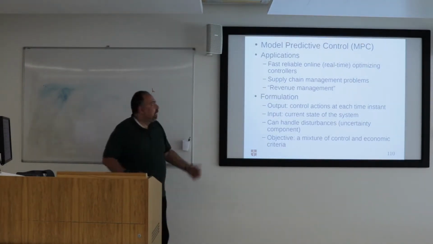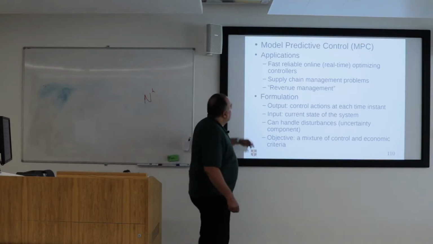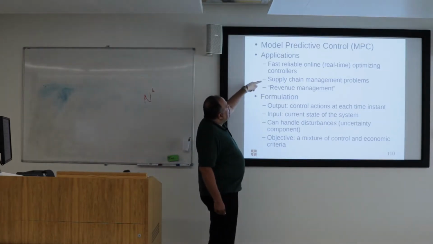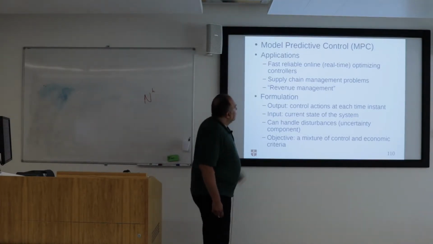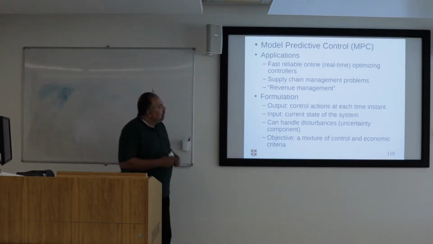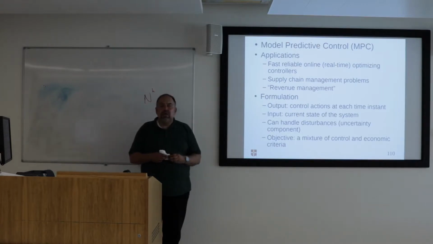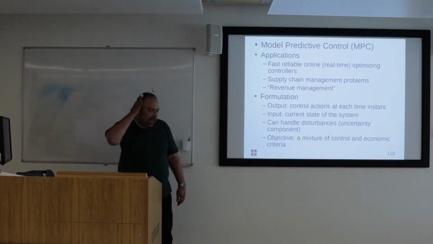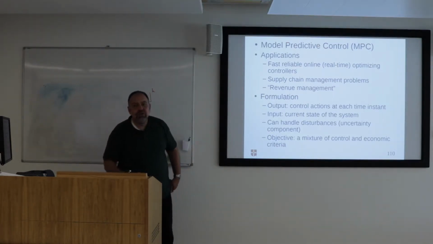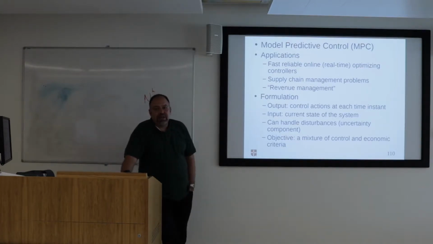So that's why I said you have an optimizing controller. It can be applied also in supply chain management problems and in revenue management. Like, I think an application is the allocation of prices to airplane tickets according to how the plane fills up.